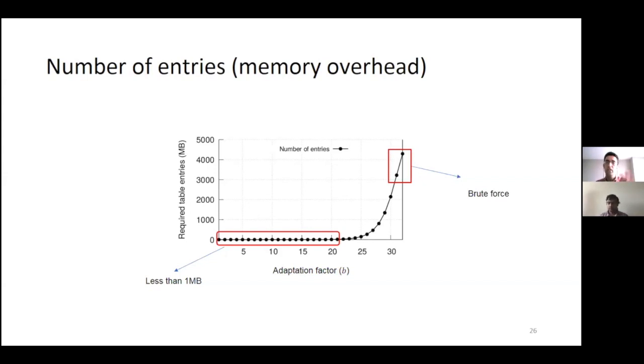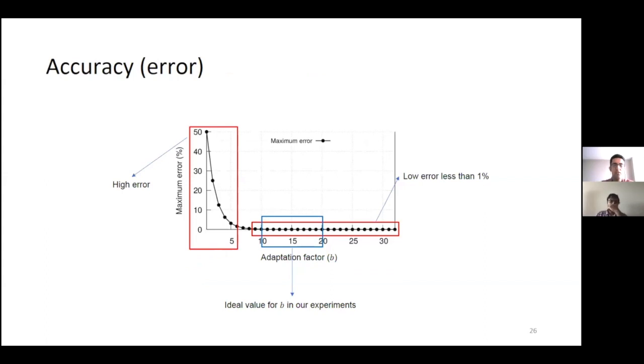And it goes all the way to almost similar to brute force. We can see that roughly when b is equal to 20 or less, we have an acceptable number of table entries in the lookup table.